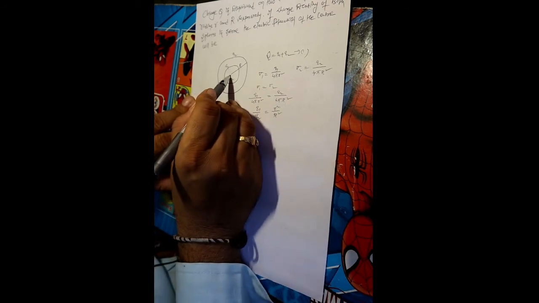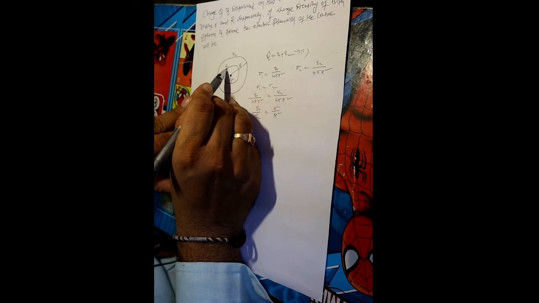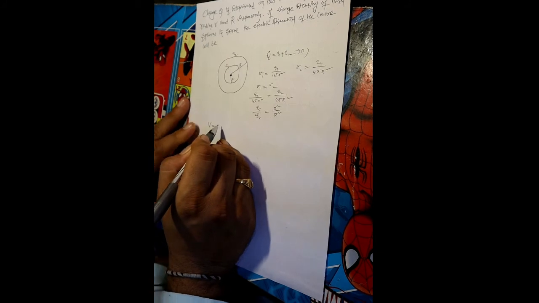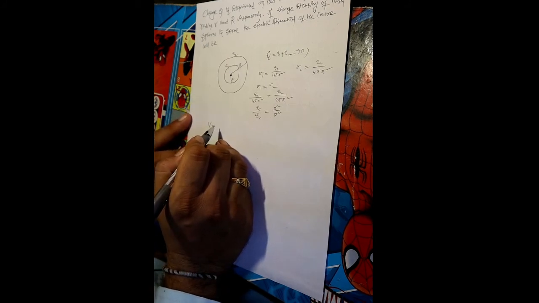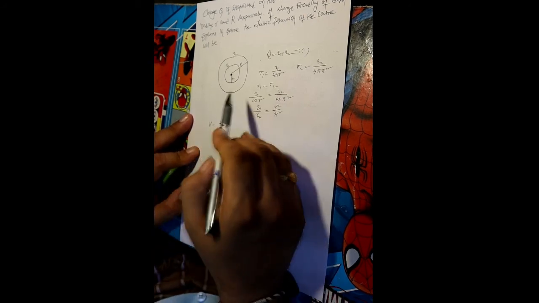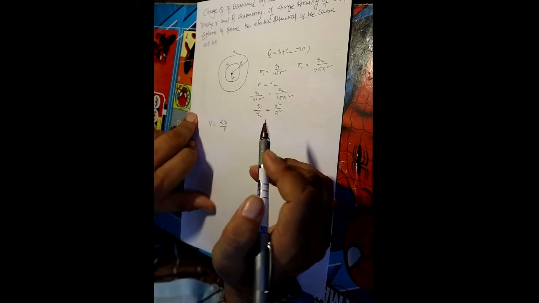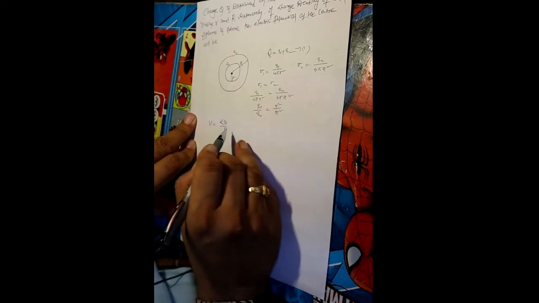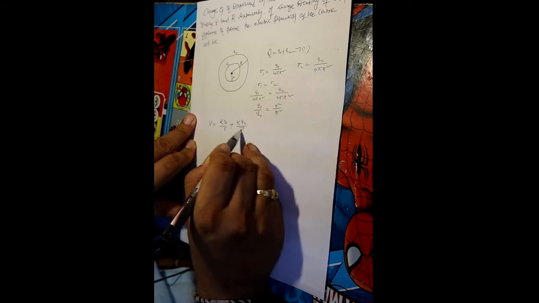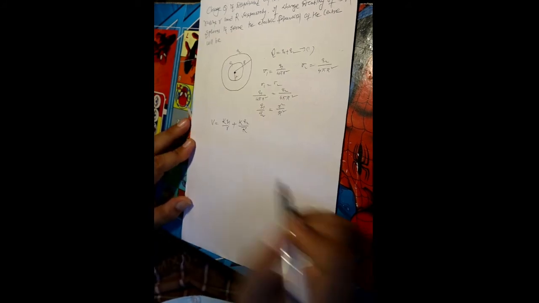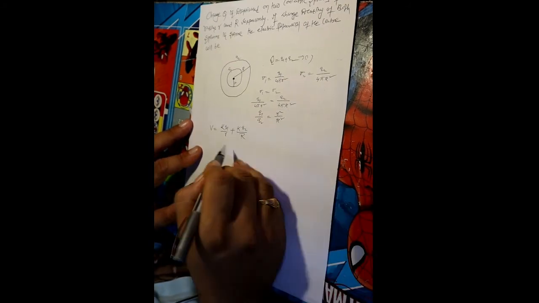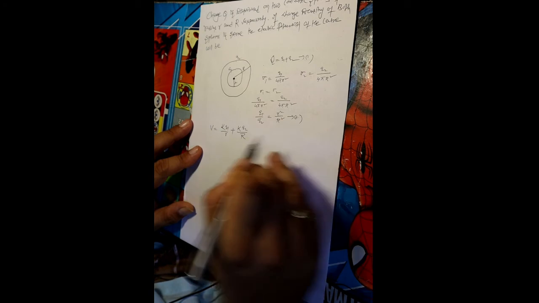Here, what is the potential at the center due to inner sphere and due to outer sphere? So V is equal to KQ1 by r, potential due to the inner sphere, and also potential due to the outer sphere, plus KQ2 by capital R. Now we want to find out what Q1 and Q2 are. So this is equation 2.